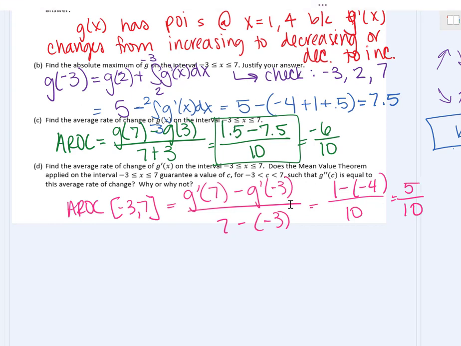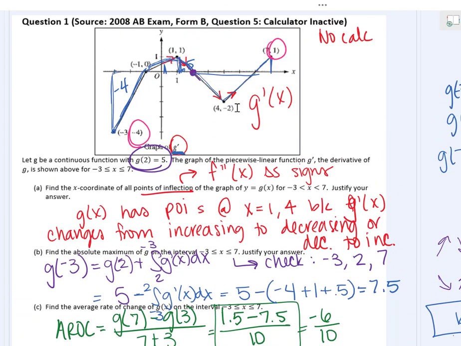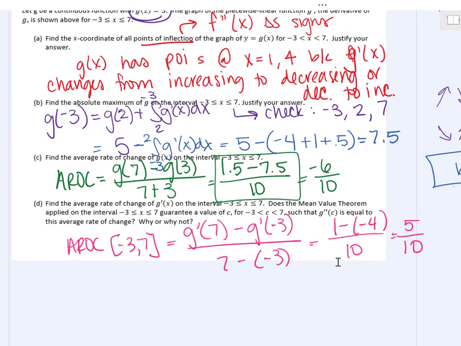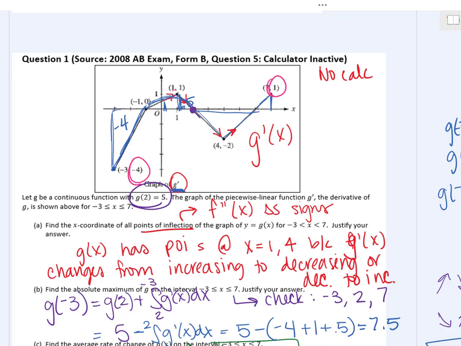Does the mean value theorem guarantee? So mean value theorem talks about slope. Here we have all the slopes that exist over this interval. When I'm looking at this guy right here, we have cusps, so we don't know about g double prime, right? Because I have a cusp right here, I have a little bit of an edge right here, and I definitely have a cusp down there.